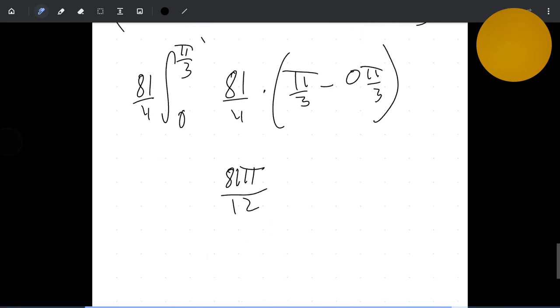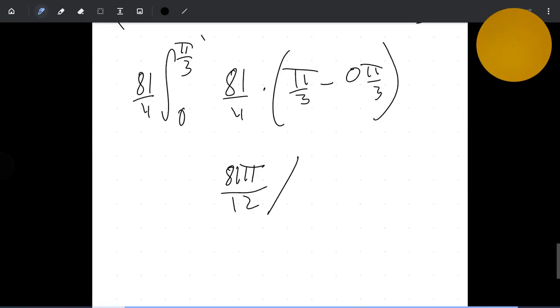But some people can also simplify it. So if your question also says simplify, I think you can also simplify this by 3. If I'm not wrong, 27 times 3 is 81. Yes, so it should be 27 pi over 4.